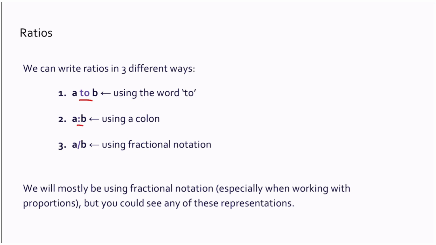We can use a colon, those 2 dots, or we can use it as a fraction, where we have A over B. And we will mostly be using the fractional representation in our class because that's the easiest, I think, to work with. But I just wanted to show you these different ways because you might see different ways represented, and we want to make sure everyone's familiar with all of those ways.